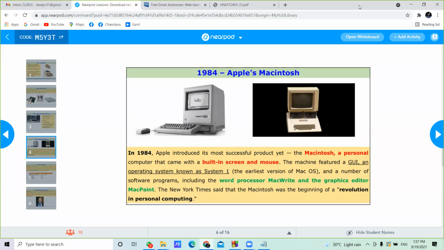It's like a personal computer. This was the first machine introduced with a built-in screen and mouse. This was the first machine to introduce mouse technology, and also the GUI interface. GUI stands for graphical user interface.